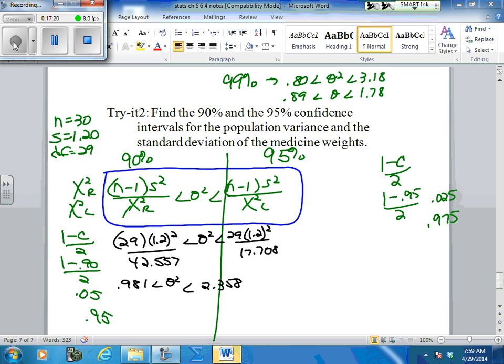You're going to be 90% confident that your population variance falls between these two values. To find your standard deviation one, just take the square root of everything. And again, go 3 decimal points on these guys.